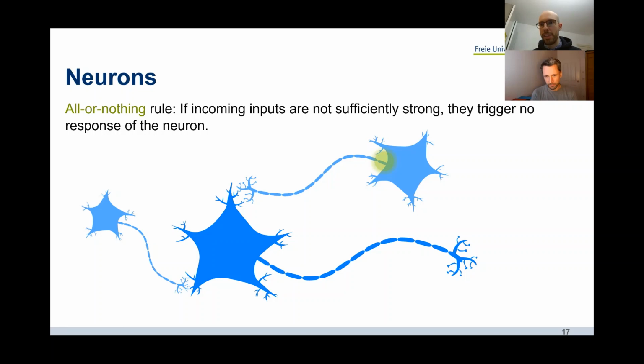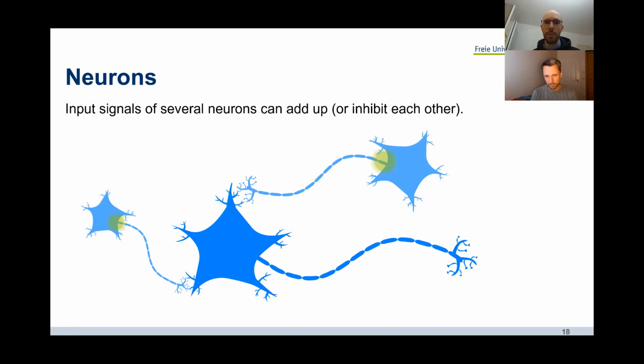The way these neurons work, more or less, or at least in the model, is an all-or-nothing rule. If the incoming inputs are not sufficiently strong, we do not get an output response. If the input signals are sufficiently strong, we do get an output response.